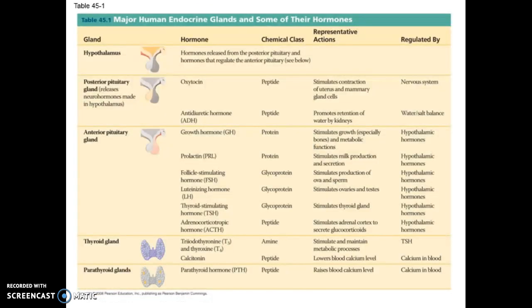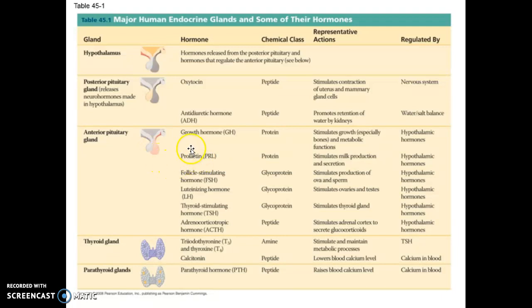We probably need to be able to talk through this table. I don't expect you to memorize all of this stuff, or even this stuff. But you should probably recognize some of the major factors in each gland. So growth hormone is one that we've talked about in the lecture, so that's probably one to recognize that comes from the anterior pituitary.